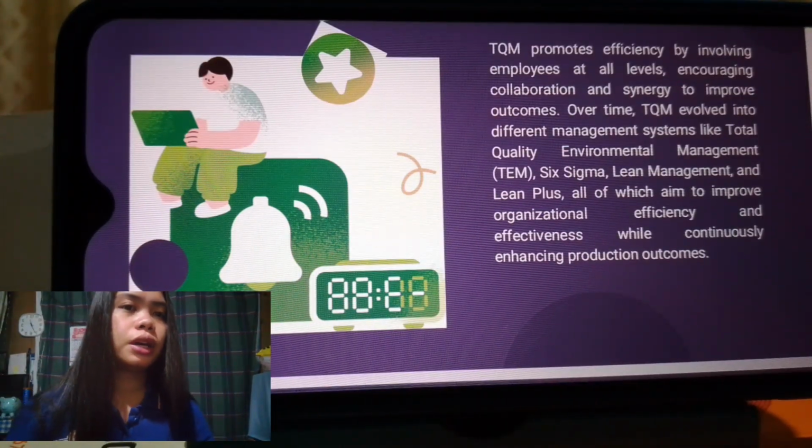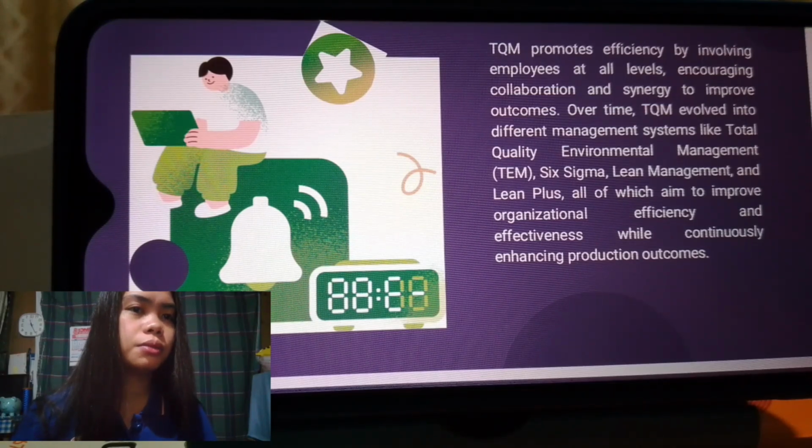TQM promotes efficiency by involving employees at all levels, encouraging collaboration and synergy to improve outcomes.